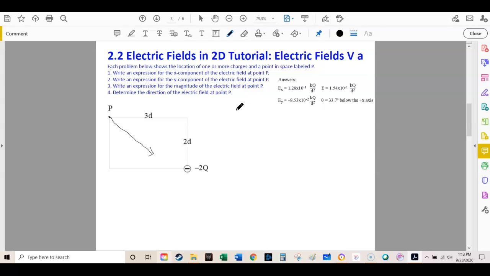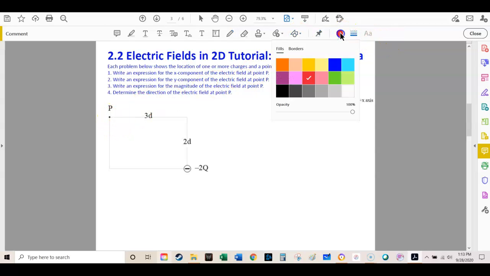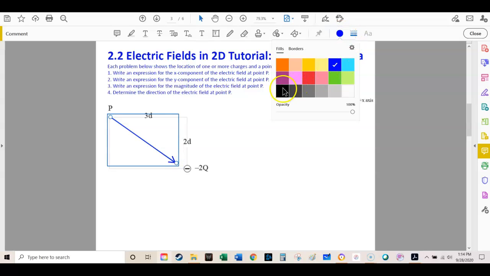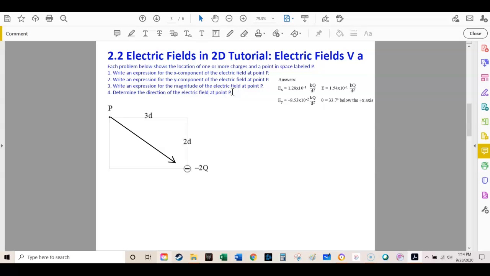Maybe I should just use the arrow that's supplied here. I'm going to use black. Draw that vector here, a little bit more straight than my vector. All right, so we drew the electric field vector.